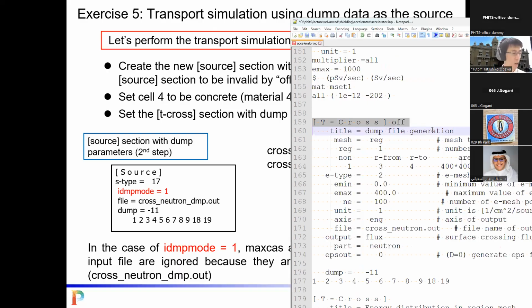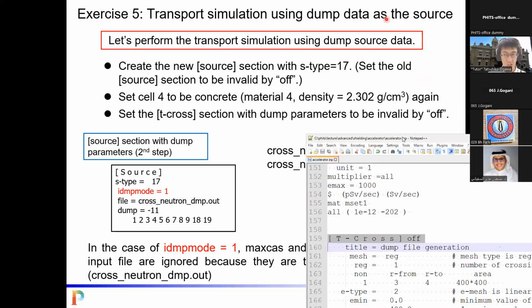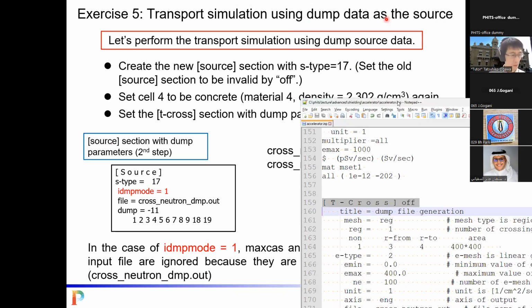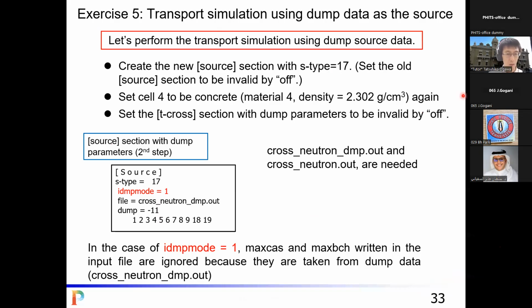Please turn off this T-cross, because this T-cross again tries to dump particles, which is not useful at all. Anyways, please complete exercise number 5 and exercise number 6.